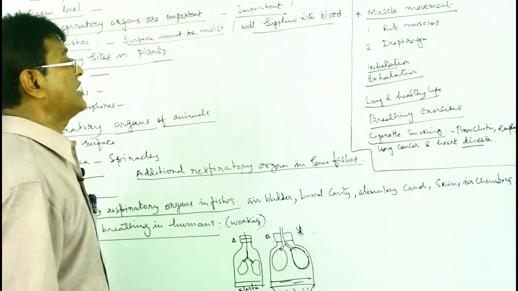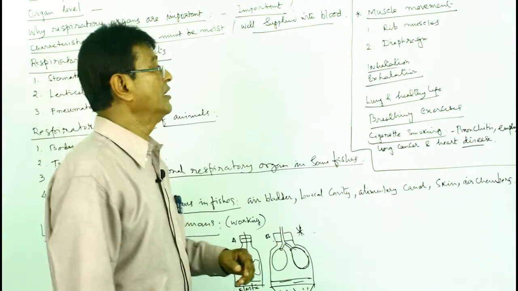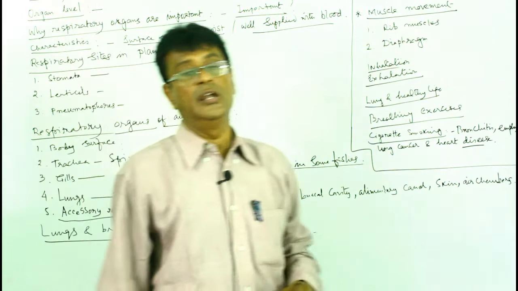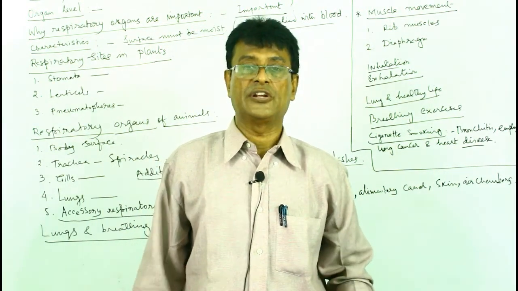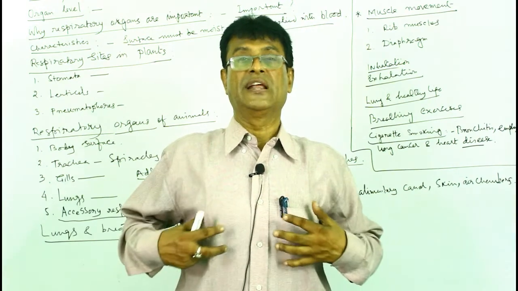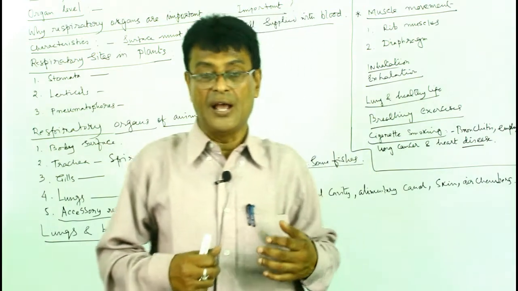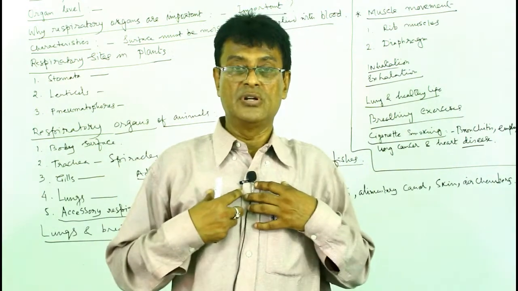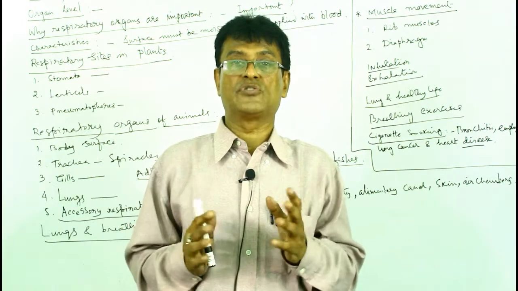Now, what are the movements of the muscles during respiration? You see, when you have taken inhalation, the ribs come out because the muscles of the ribs are relaxed. Air has gone in, the lung is already filled, so the ribs go outward.